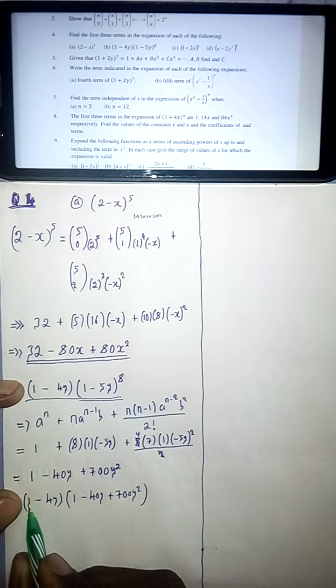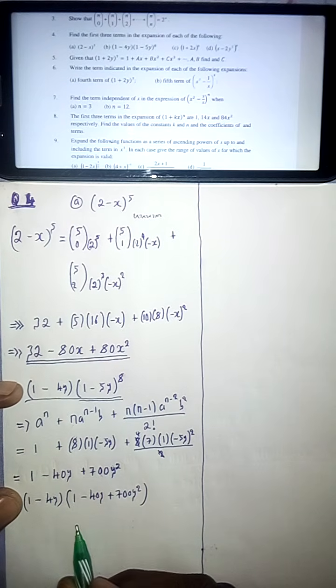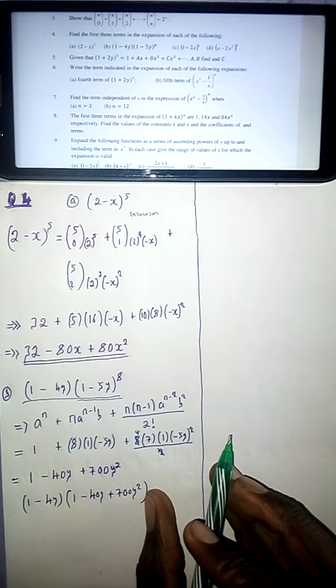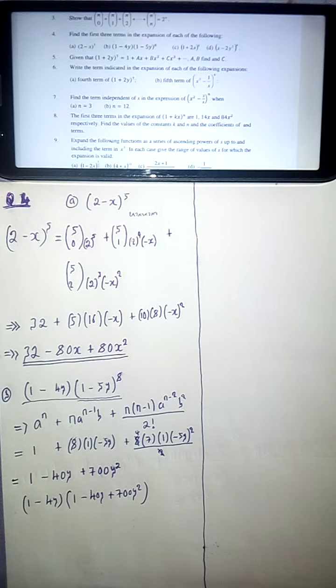Okay, so this multiplied by this. Now since we've been told to find the first 3 terms, for the first term it will have a power of 0, right? I think you are aware.